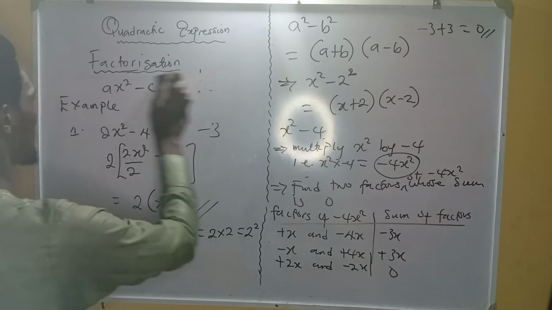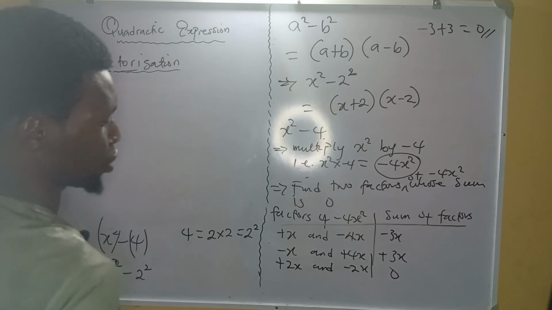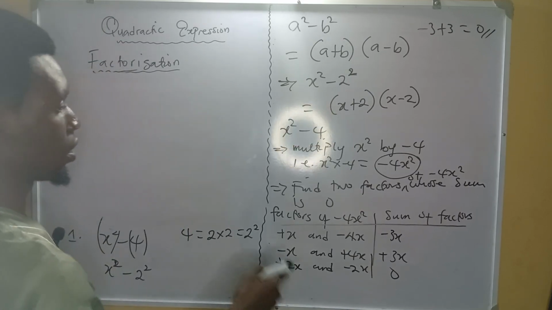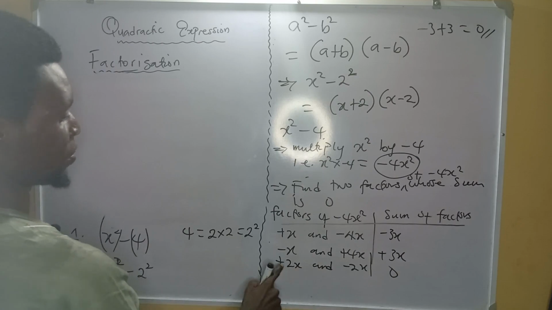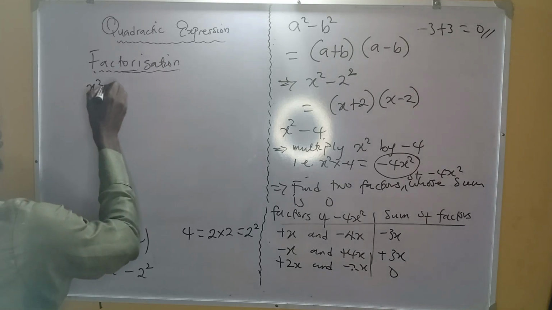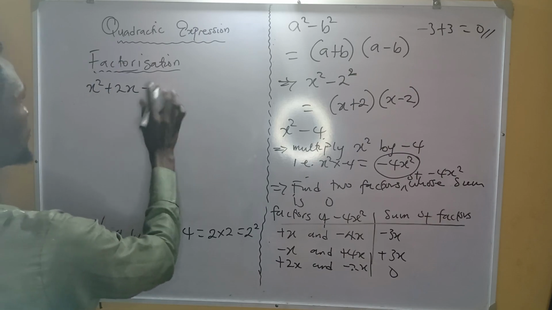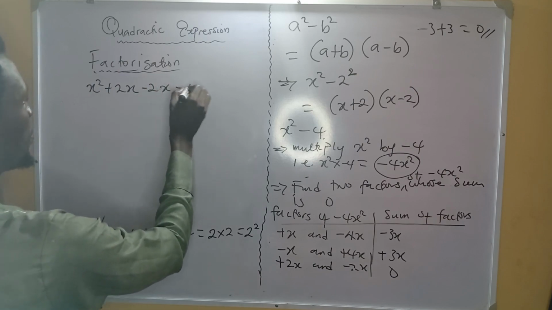So you replace in the original expression, you replace 0, all right, with plus 2x and minus 2x. So you have x squared plus 2x minus 2x minus 4.